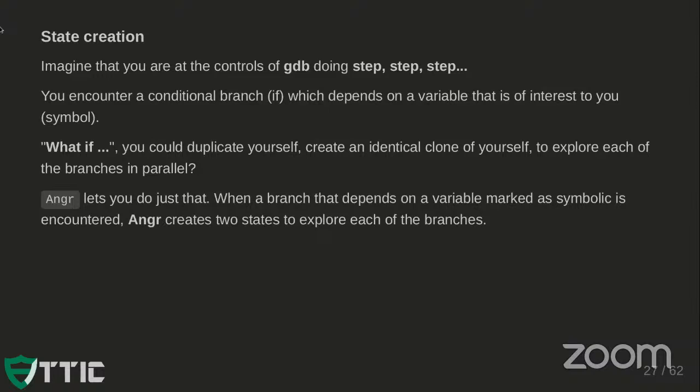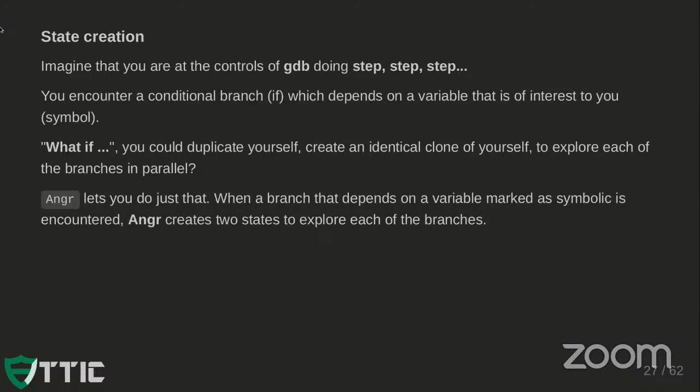So you have an if branch. Sometimes at some input value the program goes one way, and at other times it goes the other way. So you need to explore both paths. Doing it manually with step, step, step takes a long while. And also, as a human, you can only explore a single path at a time.